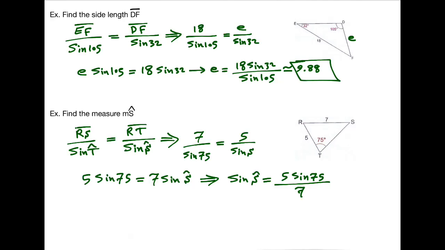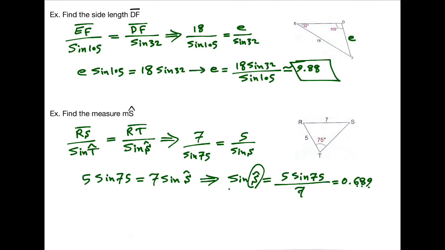Again, by using a calculator, you will get the answer 0.689. It's good advice that whenever you have such an equation, try to include at least 3 decimal points, because that will give you an accurate answer for the angle S. All right.